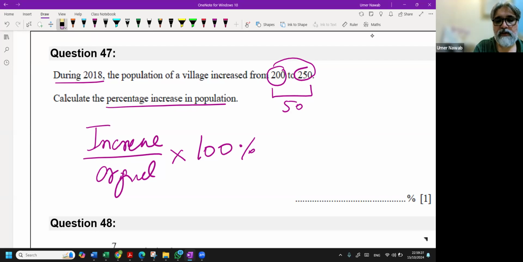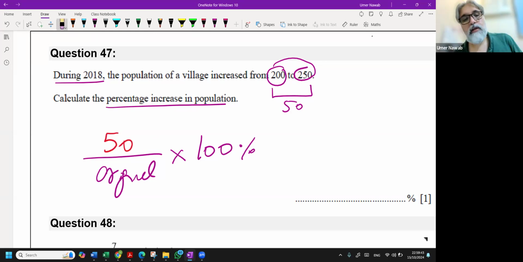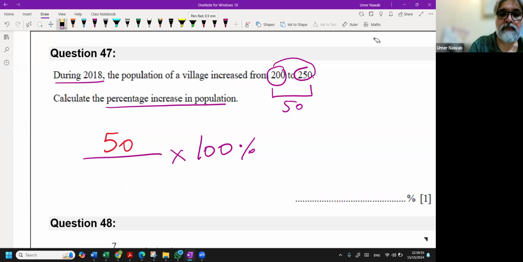So if it is increased, guys, I'm going to just write 50 on the top. And what is my original? My original is 200.